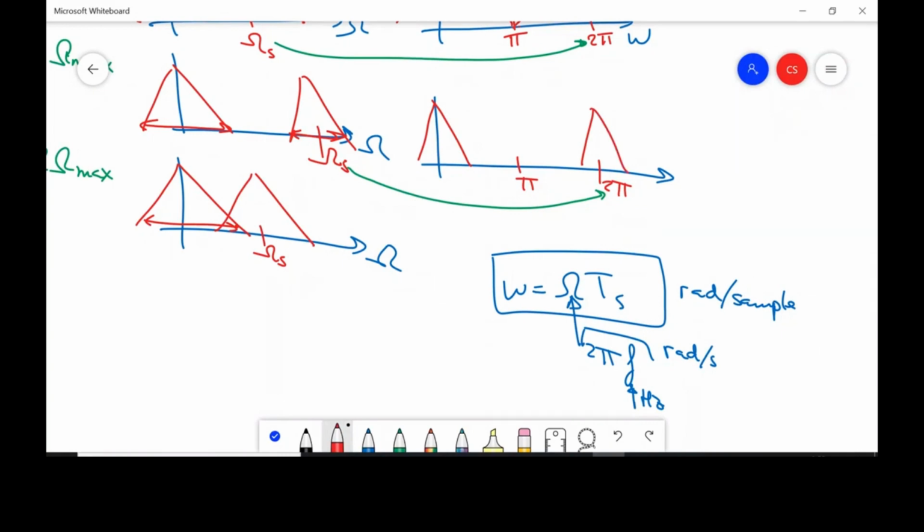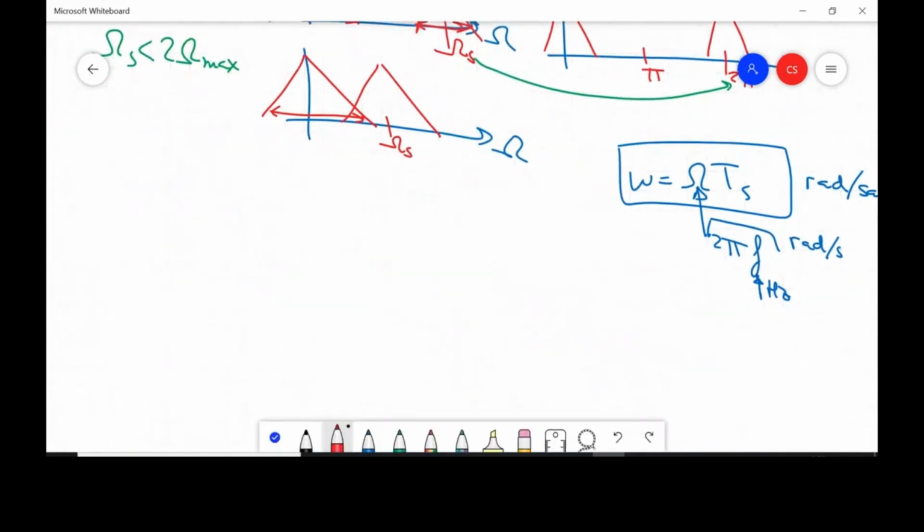Okay, good. So it means that apparently, if we increase the sampling frequency, so we take more samples, in the discrete Fourier transform the spectrum seems to be narrower, and that makes sense. So let's think of a signal.